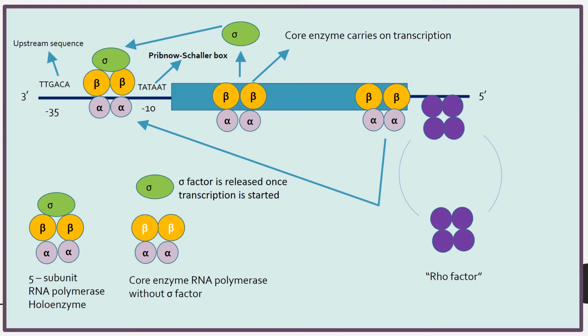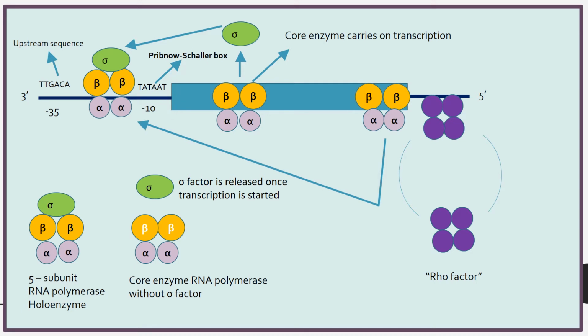For the attachment of RNA polymerase, the promoter has two sites. In the case of prokaryotes, the one site is TTGACA, also called the -35 sequence, because it is present 35 nucleotides before the area from where the transcription starts.